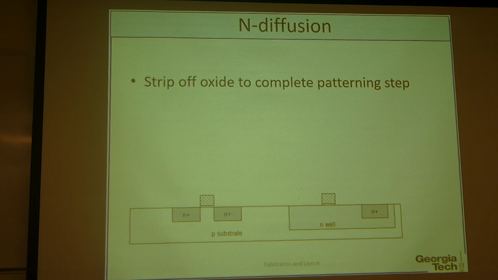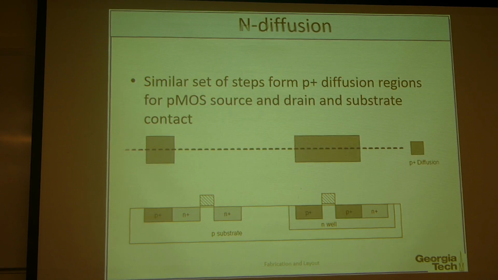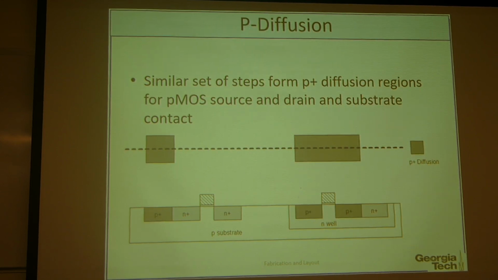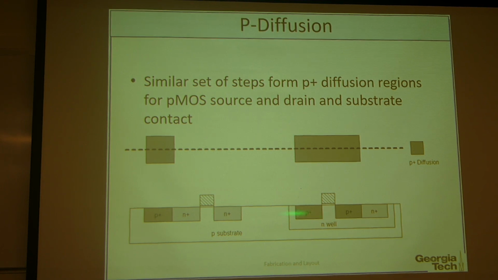And then we strip off the remaining oxide again, so that we can have this kind of structure here. And then with the same process, we also make the P junctions like this. So finally, we made the transistor up to this point.